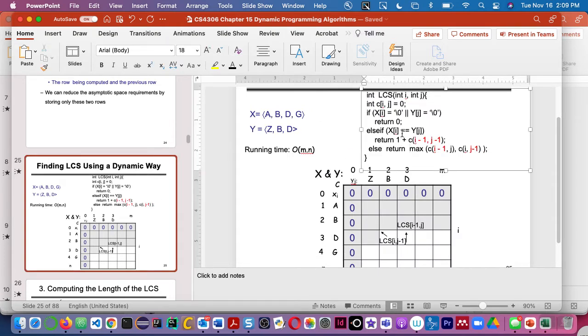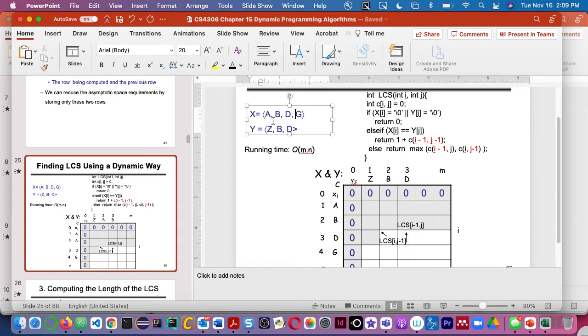For instance, x is a string or a set of characters, and y is a string or a set of characters, and we want to check whether y has a sequence in x.